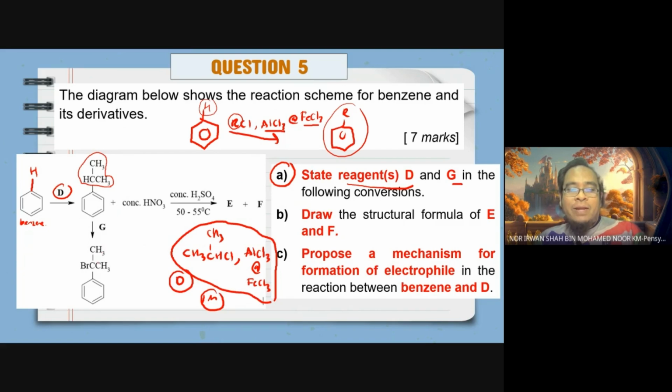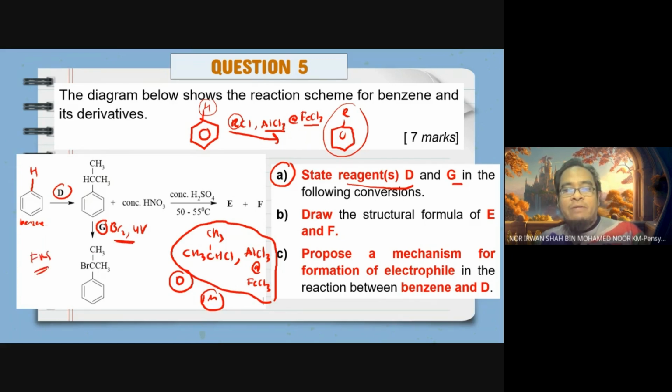Dan apa reaction yang berlaku? Reaction berlaku dekat mana? Reaction tak berlaku dekat gelang, tapi reaction berlaku dekat alkyl itu, ataupun reaction berlaku dekat side chain of alkyl benzene. Jadi ini reaction apa? Ini adalah free radical substitution. Maksudnya G ni adalah bromine molecule, apa lagi guys? In the presence of sunlight. Sebab this reaction juga adalah FRS.